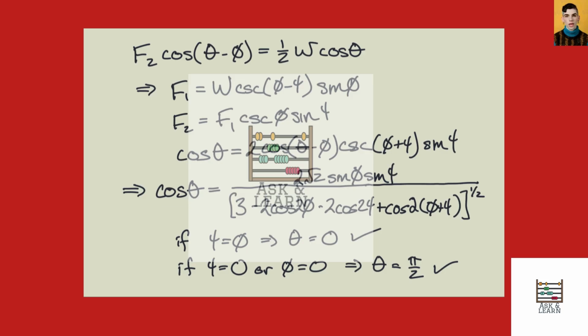If either one of these angles is 0, then we have an angle that winds up being this guy. We wind up having pi over 2 as our angle, so the bar is vertical.